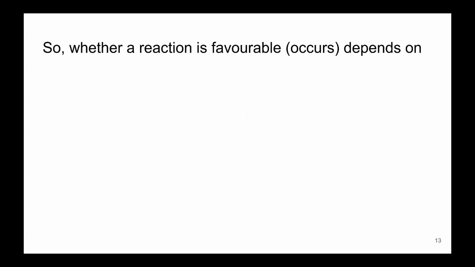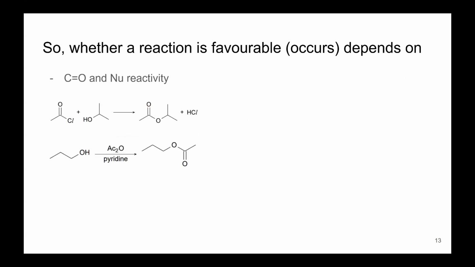Whether a reaction is favorable depends on the carbonyl group as well as the nucleophile reactivity. In this case, you have several reactions shown here. In the first case, the acyl chlorides react readily with alcohol. You don't need anything else to help it because acyl chlorides are really, really electrophilic. They love to react with nucleophiles, even though alcohols are not the best nucleophiles.